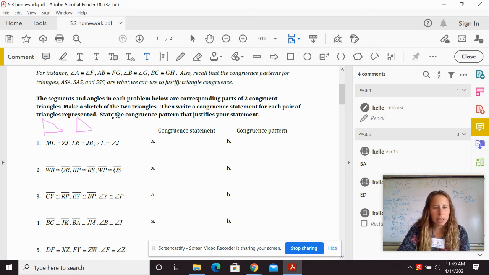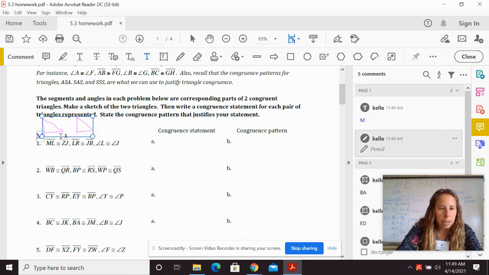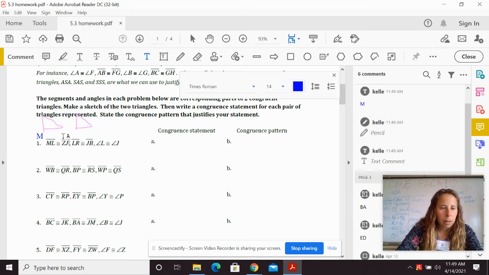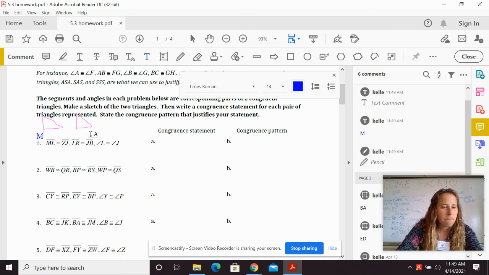ML is congruent to ZJ. I'm going to say this is M, this is L. Please let me write where I want to write. Okay, whatever.